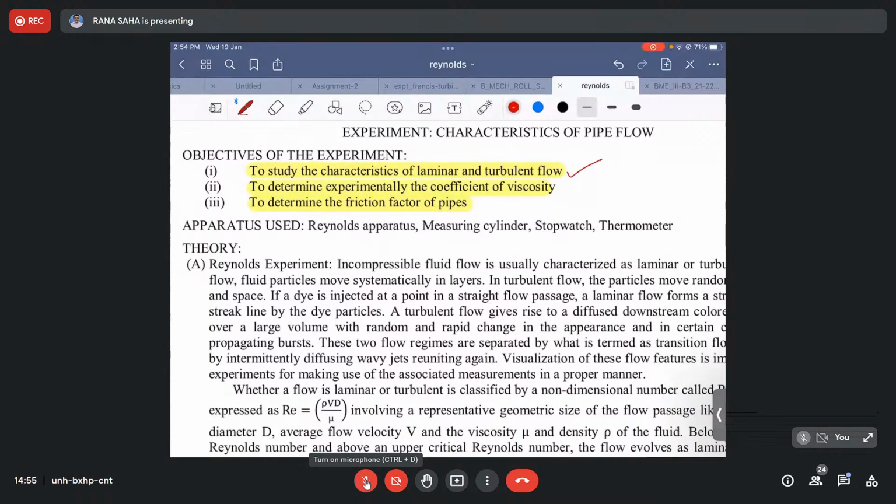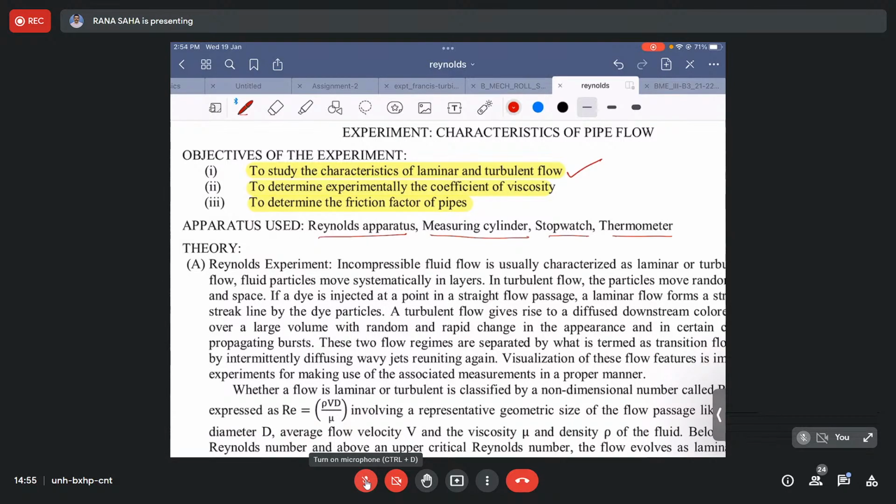Then the measuring cylinder, stopwatch, and thermometer. These are some measurement devices. Apart from this, we also have another measurement device that is part of the Reynolds apparatus itself.